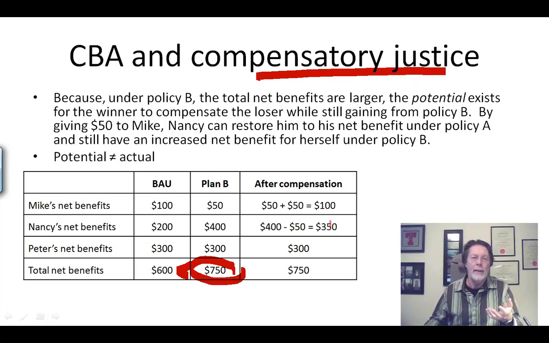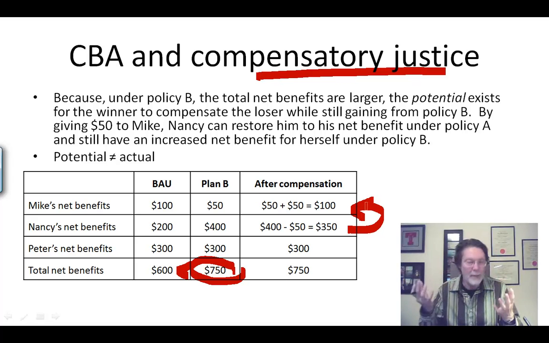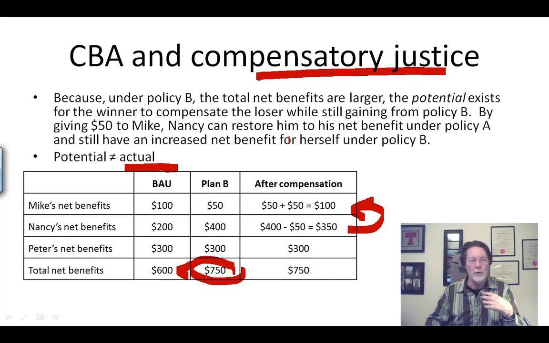And so we still get the total net benefits, but compensation is being paid from Nancy to Mike, and this may be a fairer system. Nancy's still the only one who gains under this, but the total is larger. But the trouble is, of course, even though the potential exists, what happens in actual fact is usually problematic, just as it was in the case of international trade.